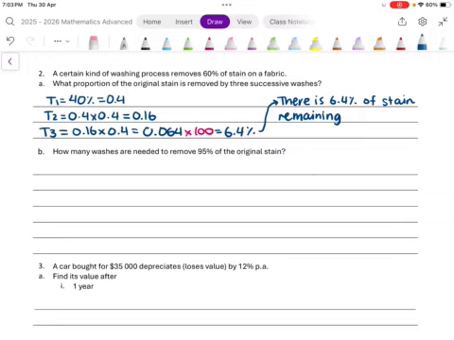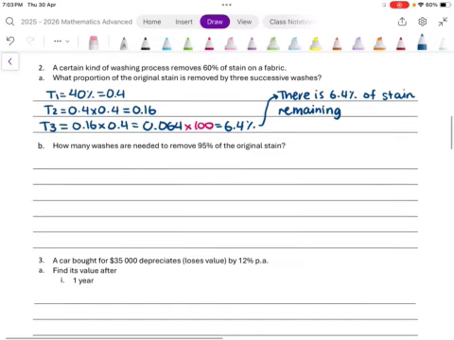Remaining. So we need to work out how much was removed. So we want to therefore have 100 minus our 6.4% equals our 93.6%. So therefore 93.6% was removed after 3 washes.